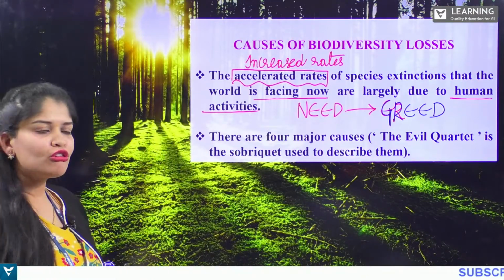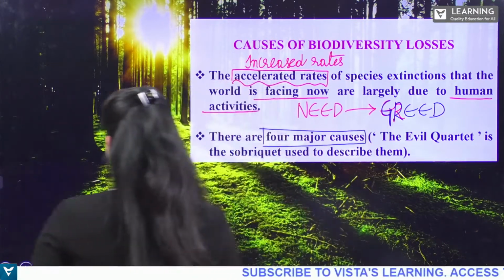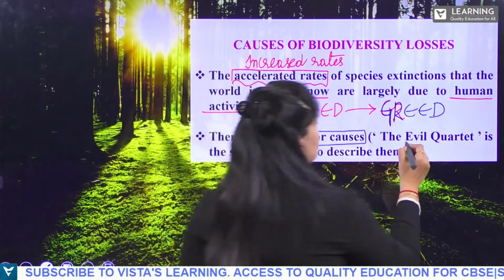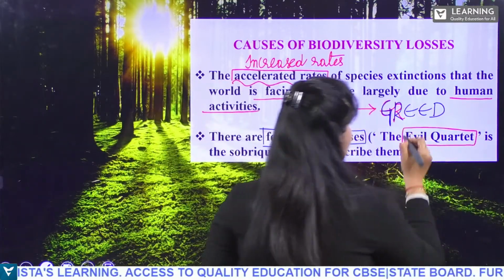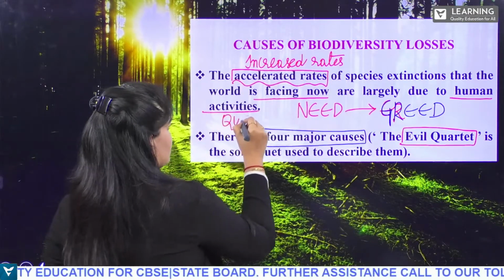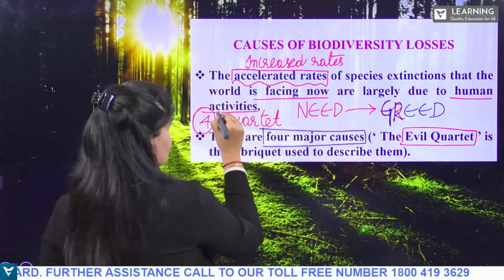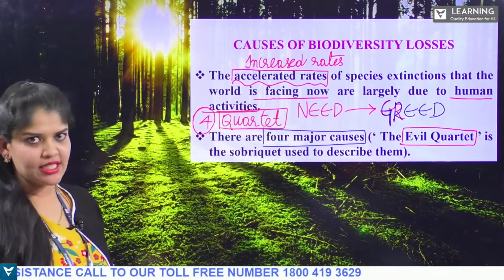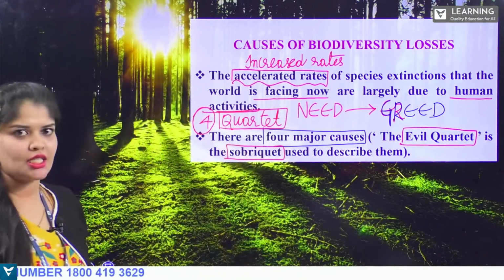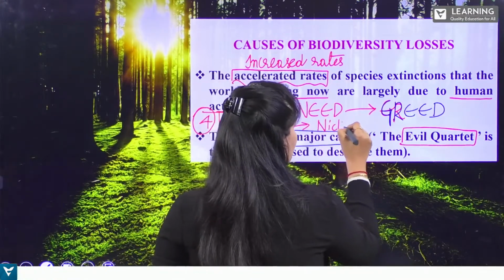There are four major reasons, four major causes. What we call the evil quartet. Quartet means four. Evil quartet is a sobriquet. Sobriquet is nothing but a familiar name, we can say it's a nickname.